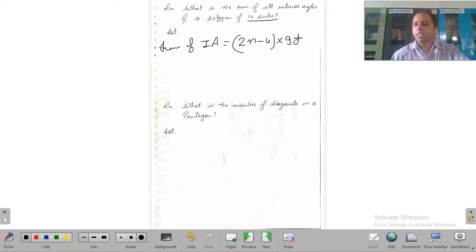In mathematics, students, you first have to write down the formula always, and then you have to put in the values to get the required answer.